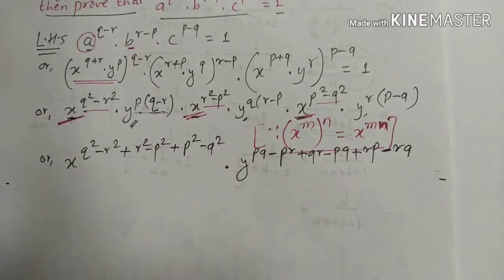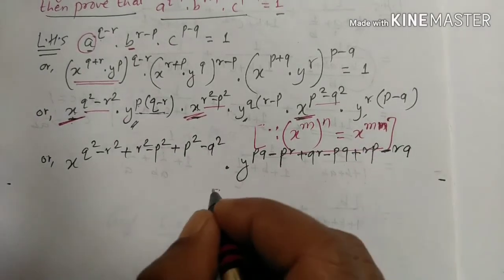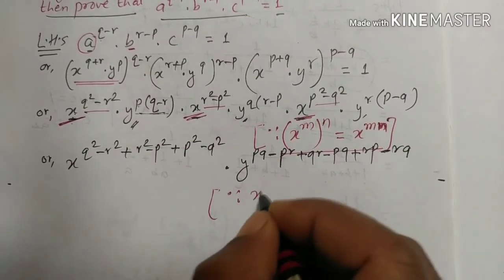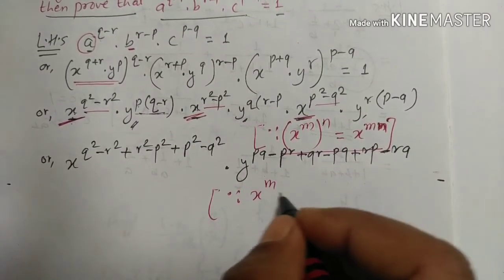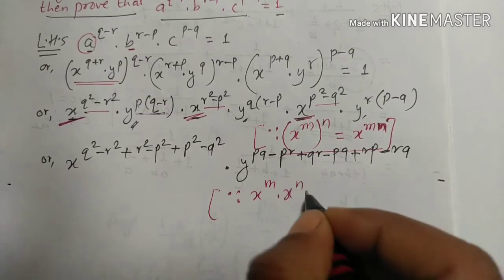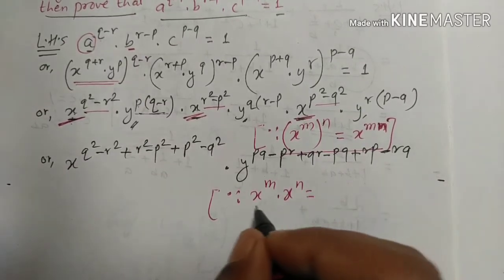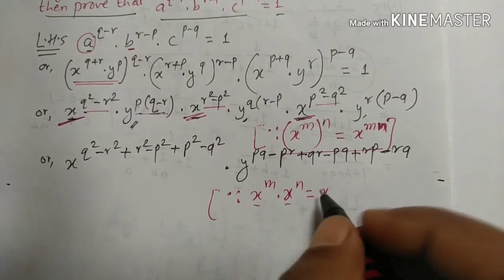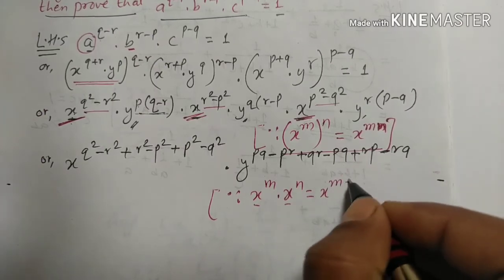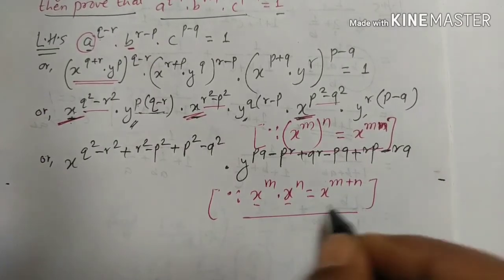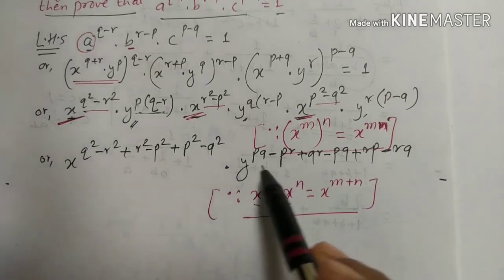Now it is because x power m into x power n has the rule: according to the rule, x will be the common base and their powers m plus n can be added. We have used this rule here in this step.